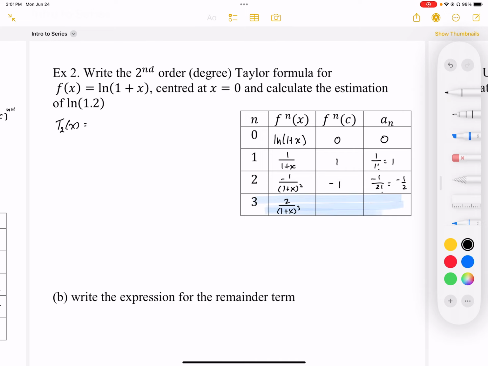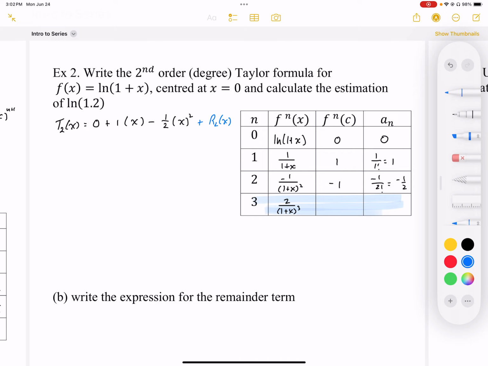So our second degree Taylor polynomial is going to look like this. It's going to be 0 plus 1 times x to the power 1 minus 1/2 x to the power of 2. Okay, and then it's going to be plus, in this case, R2 of x.